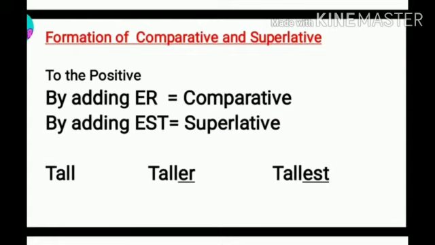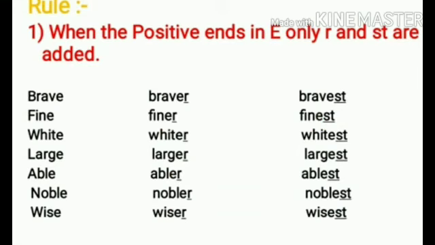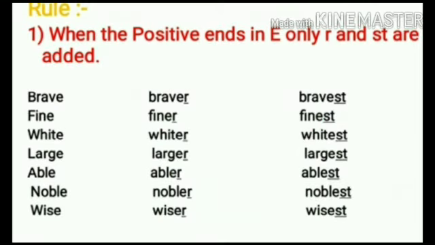Now let us read about the formation of comparative and superlative. We generally form the comparative by adding ER and the superlative by adding EST. For example, tall, taller, tallest. Now let us study the rules. When the positive ends in E, only R and ST are added.